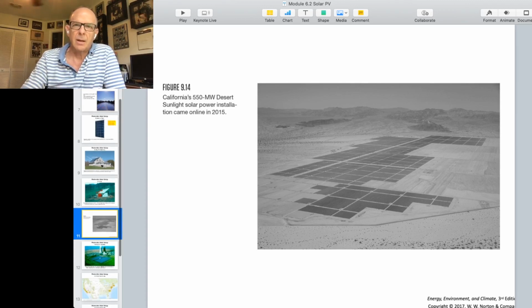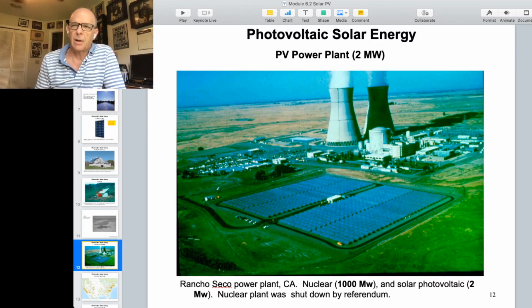Here is another sort of scale comparison. On the back, you see a nuclear power plant, 1,000 megawatts, that's a gigawatt. And the nuclear reaction is taking place in the smaller concrete dome that you see there in front, closer to us than the two cooling towers.